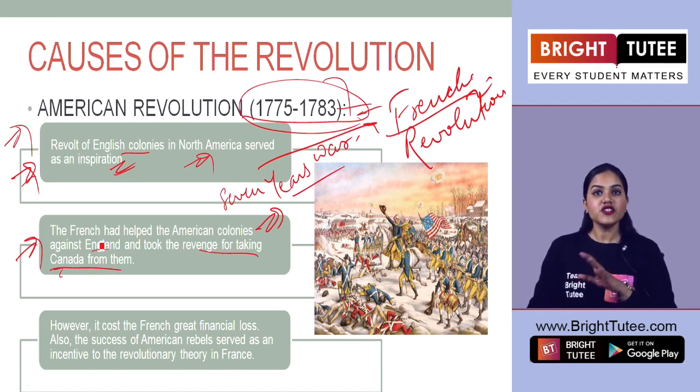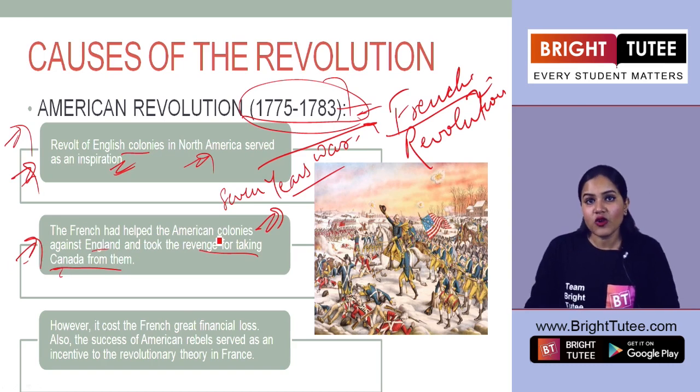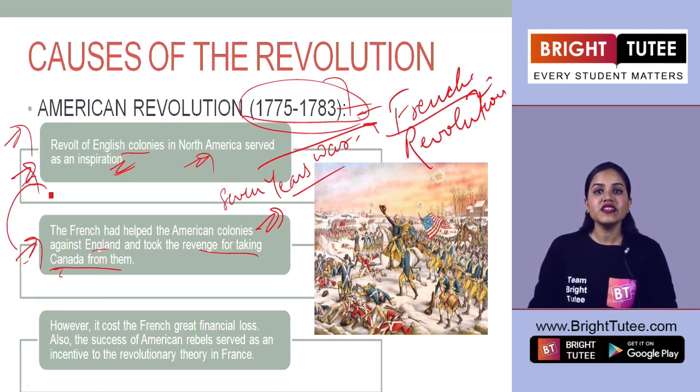Due to this, they had a vengeance against the English, or against England in simple terms. So when they saw that the American colonies were trying to gain independence from England, they decided to form an alliance with the Americans.